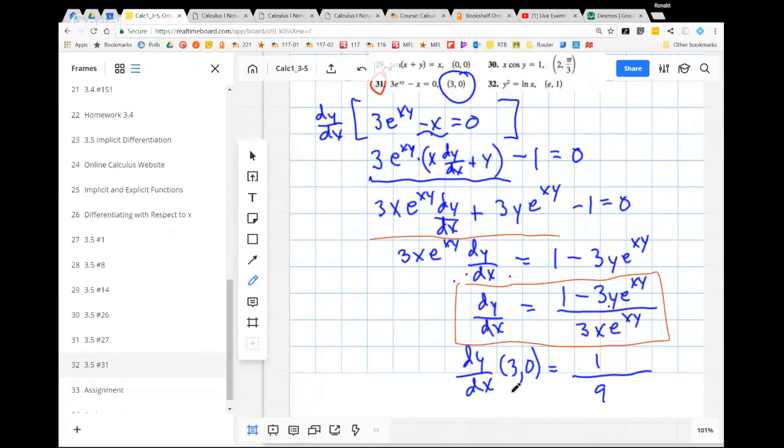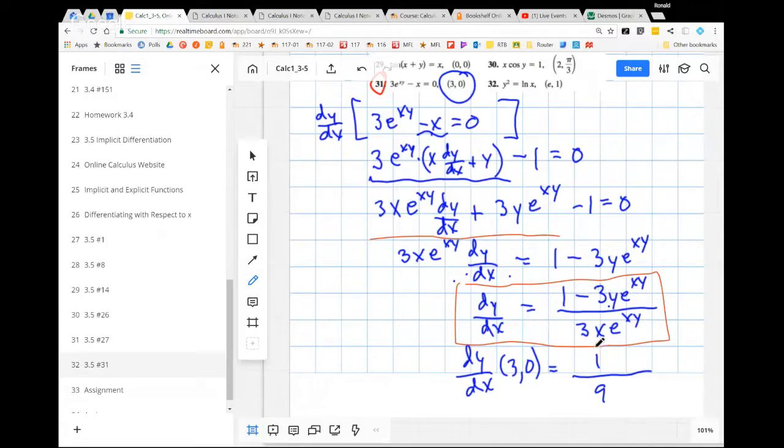So it's time to substitute. What's dy dx at (3, 0)? And if you plug things in, if y is 0, that's going to make this whole exponent 0, and e to the 0 is 1. Y is 0, so what you have on top here is 1 minus 3 times 0 times 1, which is 0.